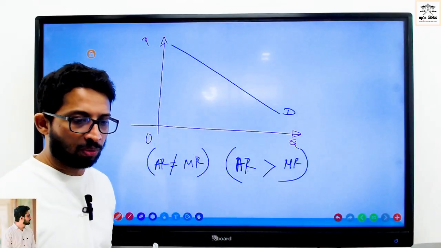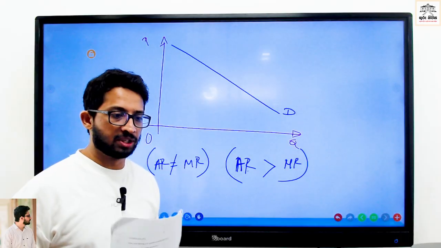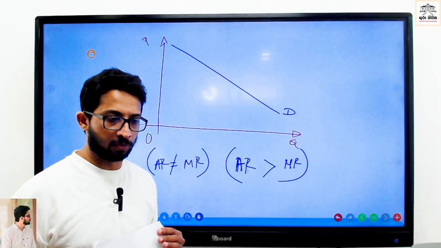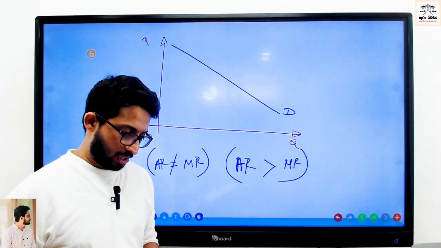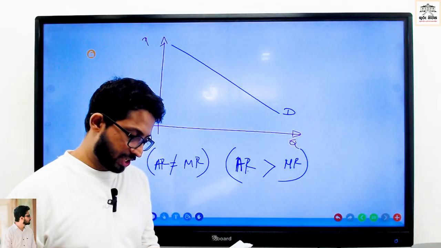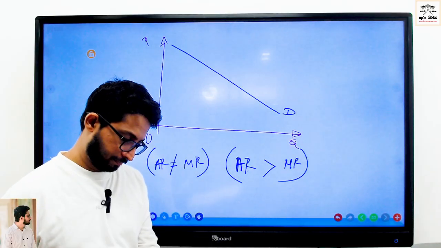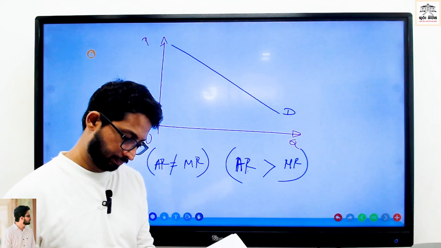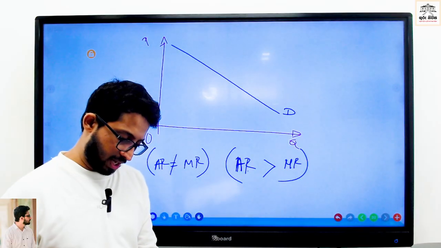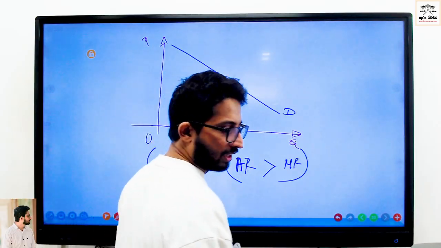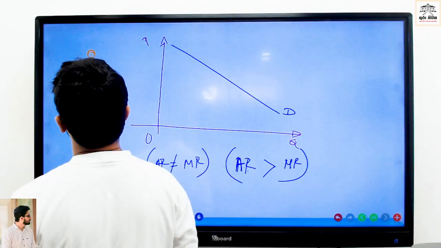Both are downward sloping in shape. I'll show you the shape of these curves with workings, no problem. So this is the normal theory point. Shall we read the first point? Demand curve, MR and AR curves of a not perfectly competitive market, a monopoly market.